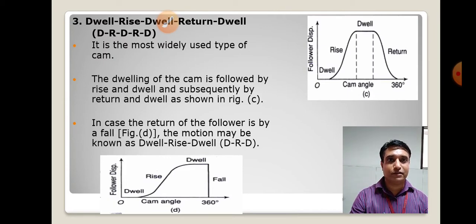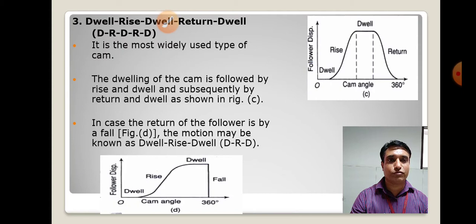We can see the pattern in figure C. In figure C, we can see dwell, rise, dwell, return and dwell again. Again, the angle of rotation of the cam is between 0 to 360 degrees.